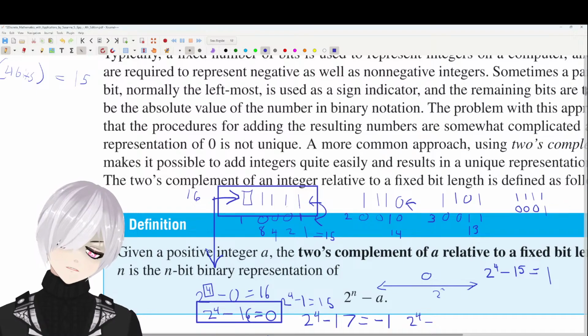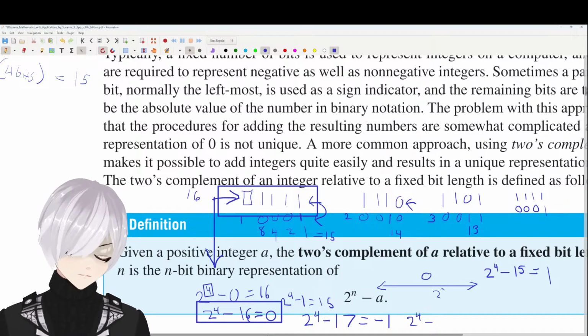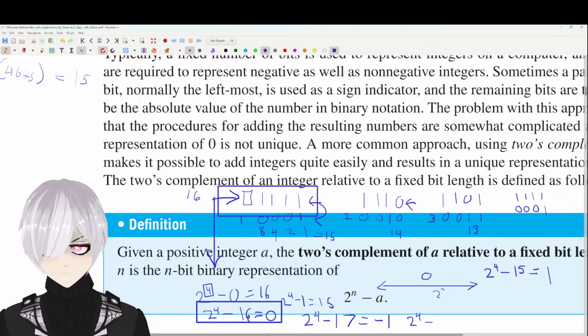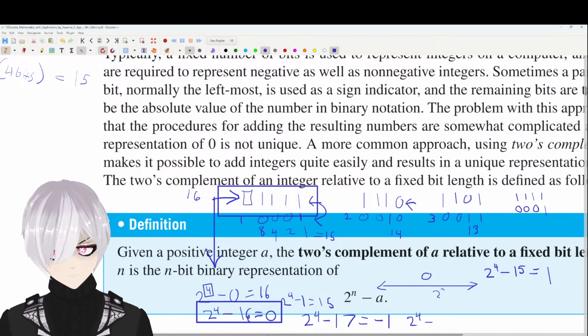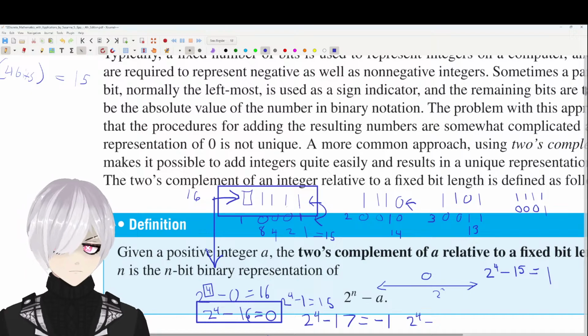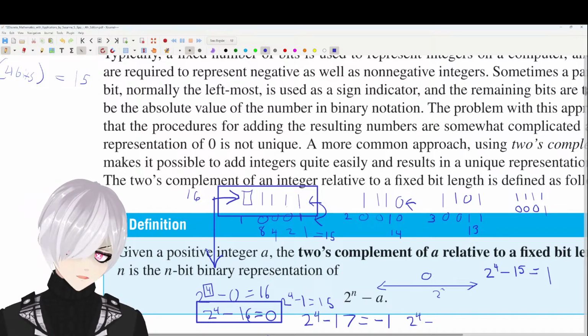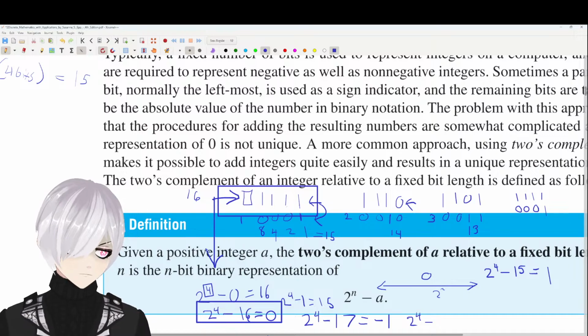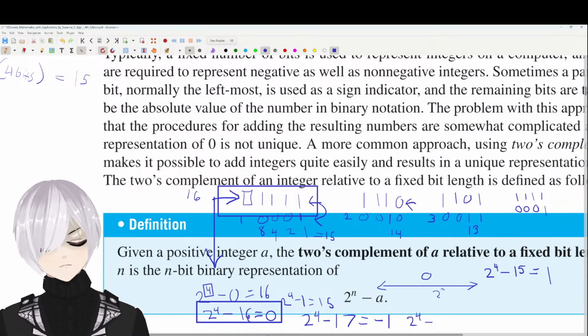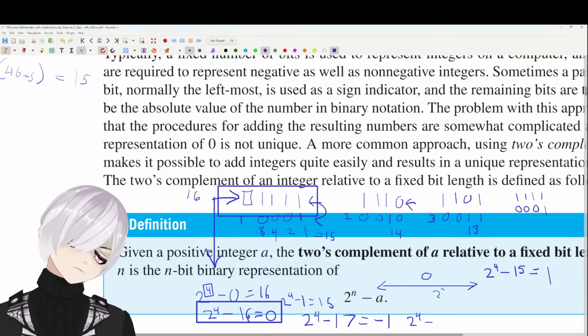If you were representing 200, then you need a bit size that allows for that. If you have n bits, then using the 2's complement, you can represent any positive integer from 1 to 2 to the n, and maybe a few more if you can also do negatives.